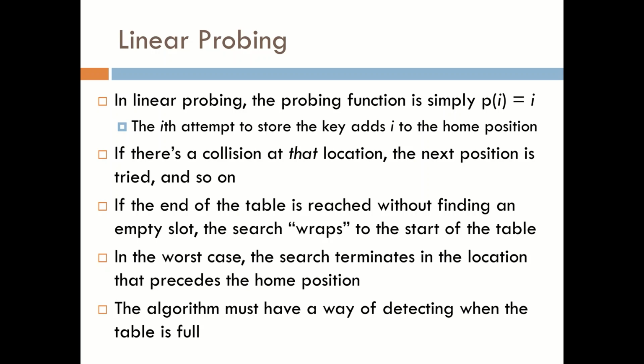If there's a collision at that location, then we will add the next probe to the home position. And if there's a collision there, we will keep trying these in turn until we ascertain that we cannot find a home for this particular item, or we actually do encounter an open slot for it.